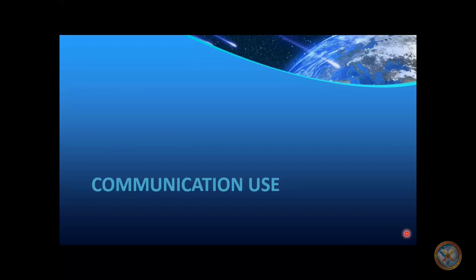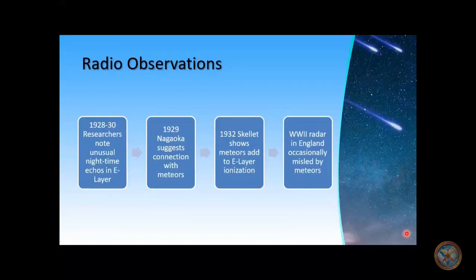Now we can have a look at communication use and radio observations. 1925-ish was actually the discovery of the ionized layers in the atmosphere by Appleton and others. And Appleton won the Nobel Prize for that research in 1947.